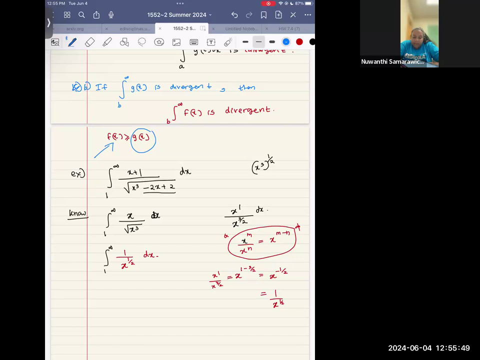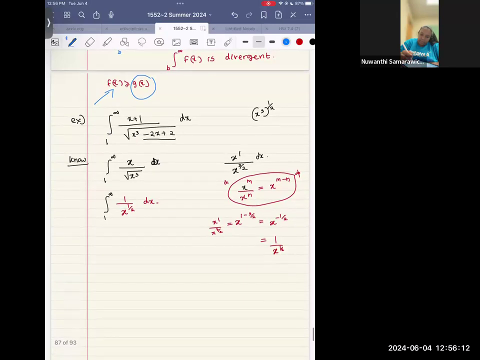So x to the power half, okay? So there's a power. Then what did we do? P series, right? By P series, what can we say? So here we are going to use P series. So what is P series?